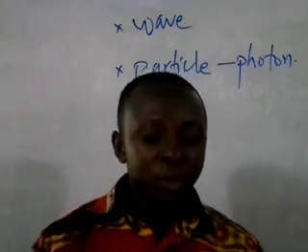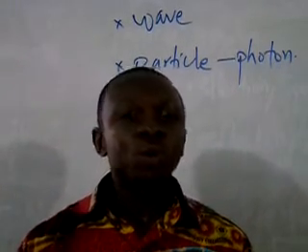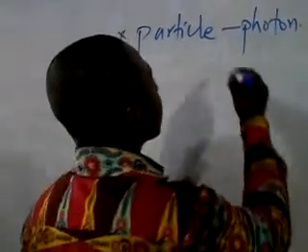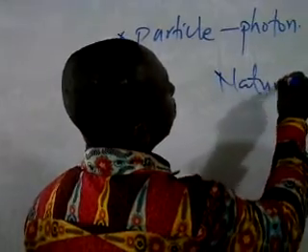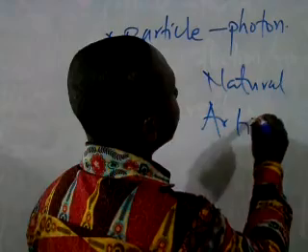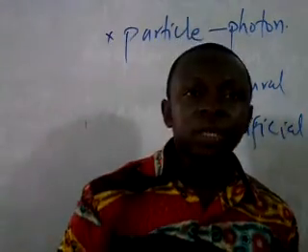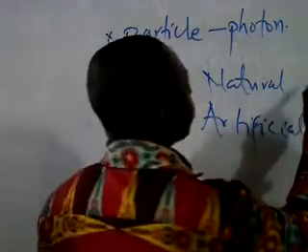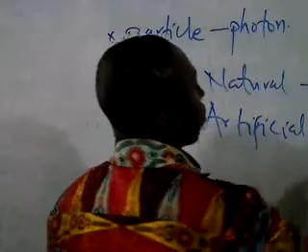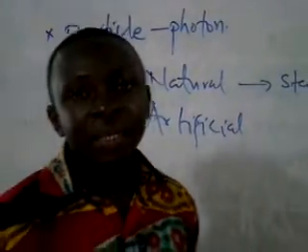We also talked about the sources of light. We said we have two sources of light. One is the natural source, and then two is artificial source. Example of a natural source of light is a star or the sun, which is the biggest star in the Earth galaxy.